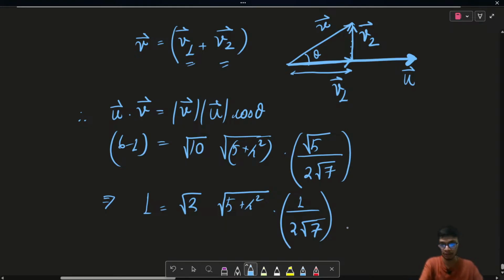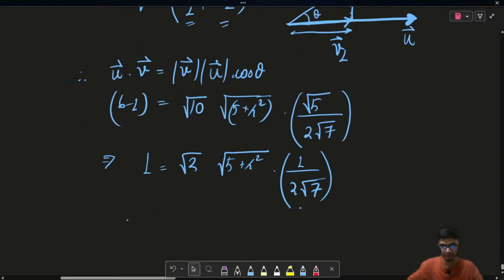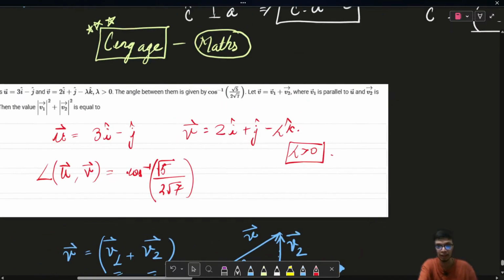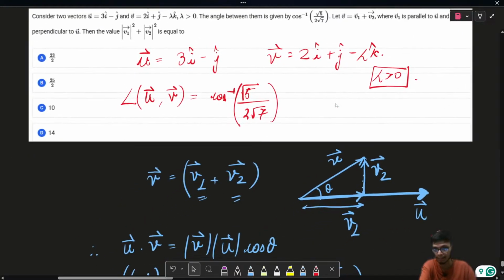If I take a square on both sides and simplify, the result will come out to be 14 equals 5 plus lambda square. So from here I get lambda square equal to 9 and lambda comes out as 3, because it is mentioned in the problem that lambda should be taken as the positive value. So I got the value of lambda from here.